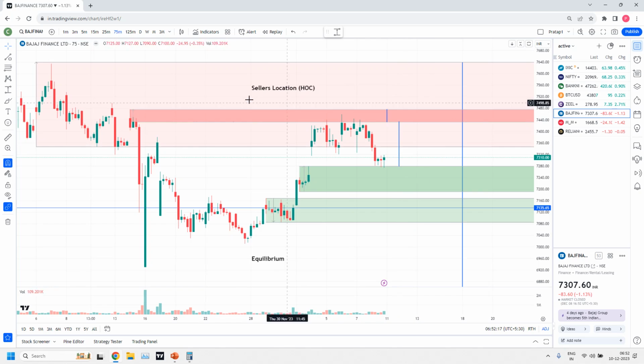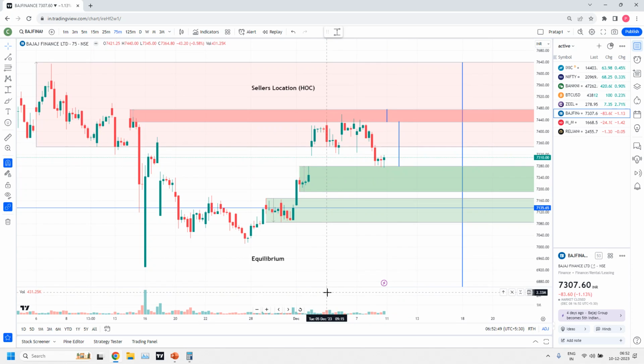The location is seller's area and the trend is downtrend. With the downtrend in seller's area, if our zone is there, that is excellent. And moreover, it is a short trade, because in seller's area, we always go for short trades. And has it reached the target? Yes, it has reached. Clearly we are seeing this.